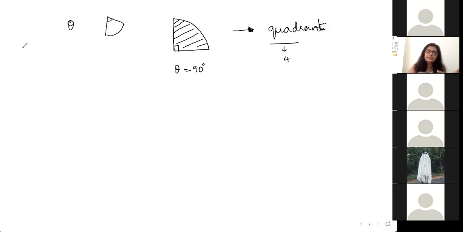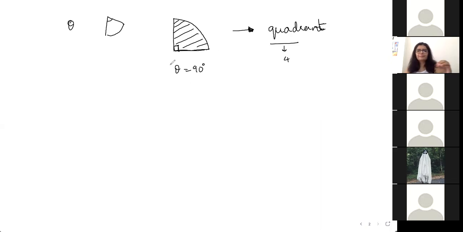Yes, pi is used in the formulas of this chapter, but it's a constant. Its value is 3.1415, and it goes on. But for this kind of shape, whenever theta is 90 degrees, that's called a quadrant. So if you come across a question talking about a quadrant, you need to automatically figure out that theta is 90 degrees. It's 1/4 of a circle.